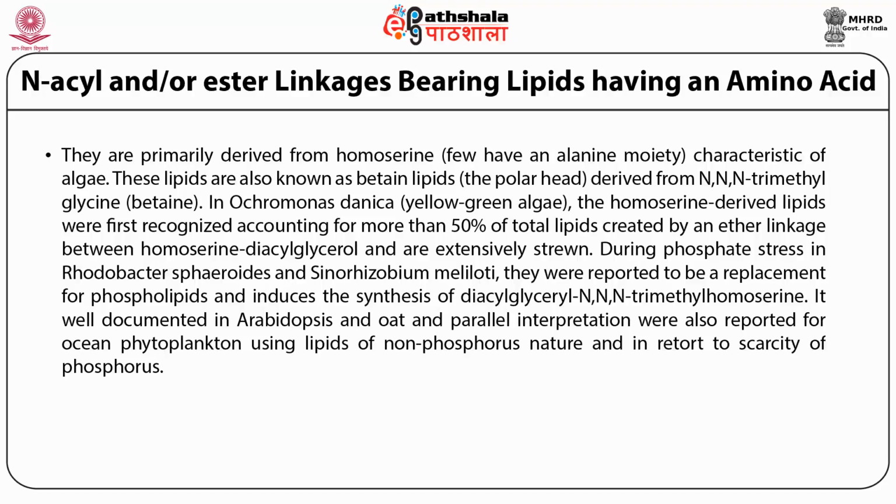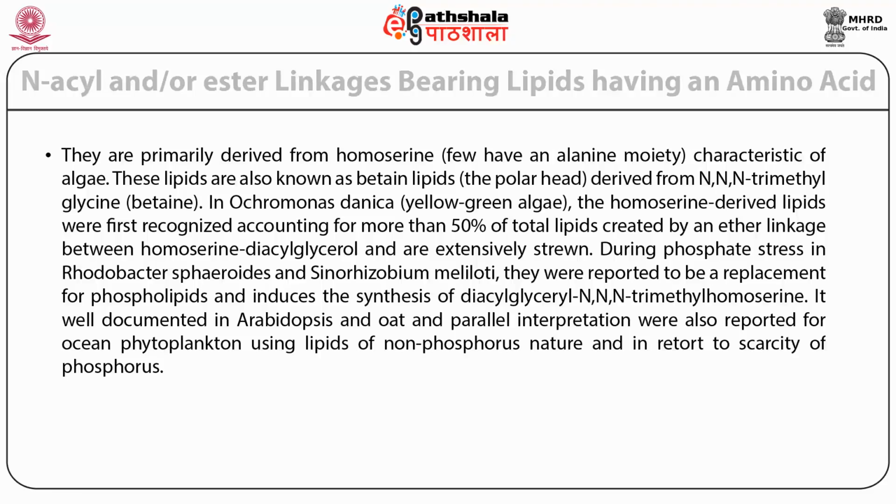This has been well documented in Arabidopsis and oat, and the parallel interpretation was also reported for ocean phytoplankton using lipids of non-phosphorus nature in response to scarcity of phosphorus.